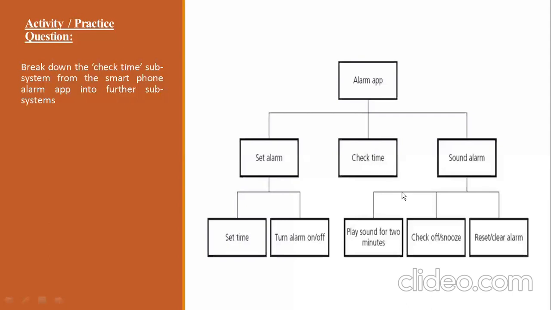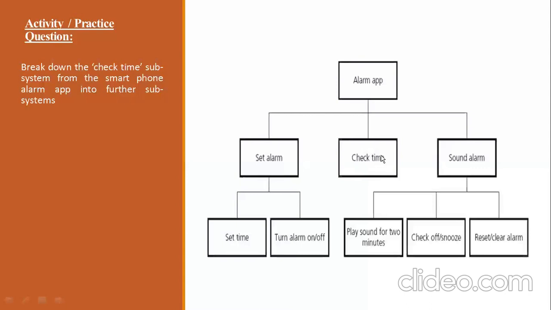Let's suppose that right now it's 11 p.m. and you take this time from the mobile, 11 p.m., and you compare it with the alarm time, that is 6 a.m. If both match, then the alarm will start to ring. But in this case, as both times are different, the alarm will not start to ring.